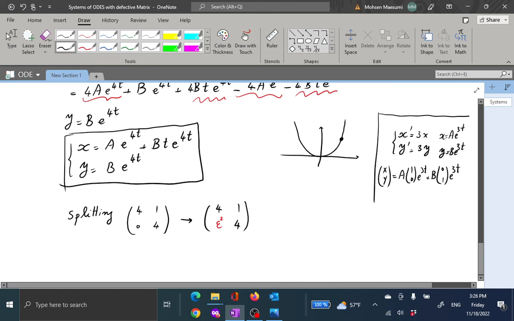So in this case, if you want to form your eigenvalues, you say the determinant of this equal to 0, and you will have 4 minus lambda squared minus epsilon squared. So out of this you get 4 minus lambda equal to plus or minus epsilon. So lambda becomes 4 plus or minus epsilon.